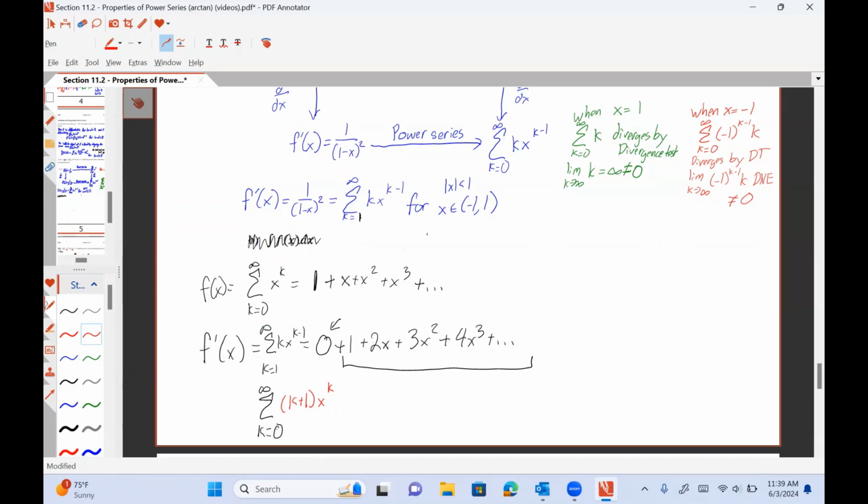So there are the two different series we could write to get rid of that 0 over 0 term.